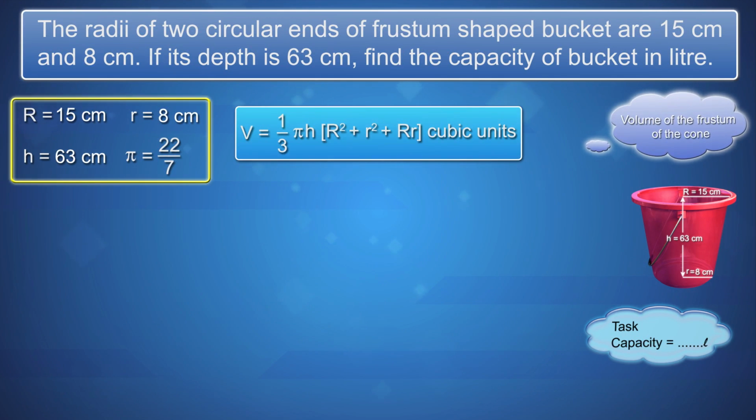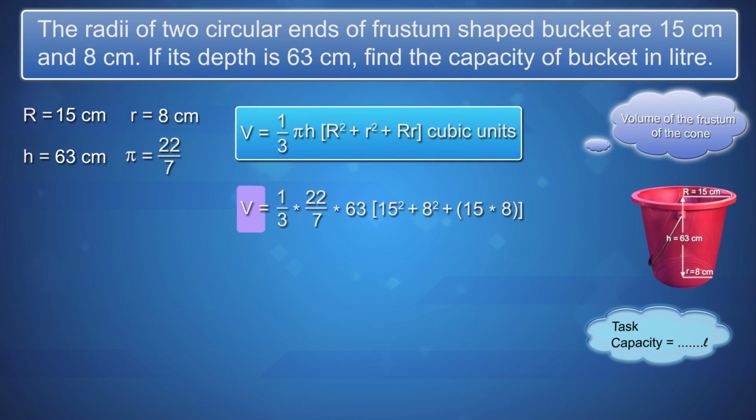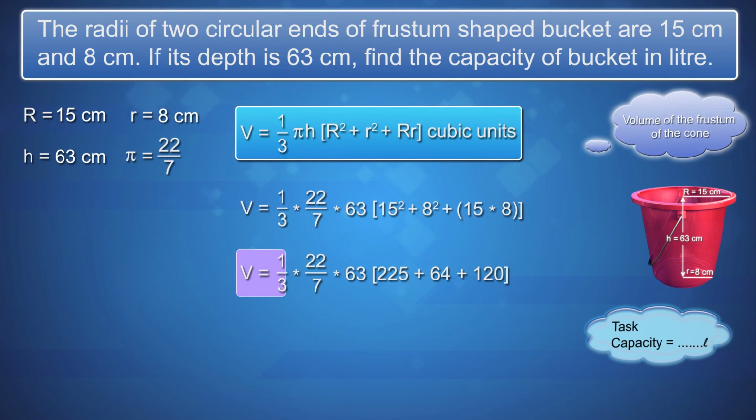Substitute the given values in this equation. So we get V is equal to 1 by 3 into 22 by 7 into 63 into 15 square plus 8 square plus 15 into 8. Therefore, V is equal to 1 by 3 into 22 by 7 into 63 into 225 plus 64 plus 120.